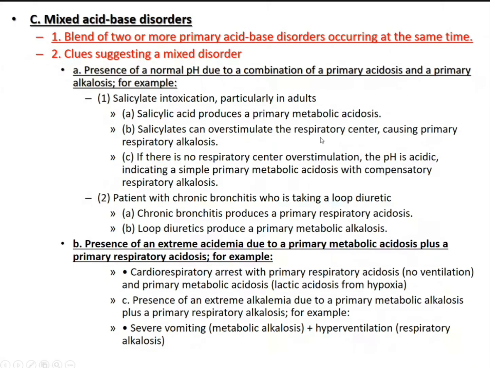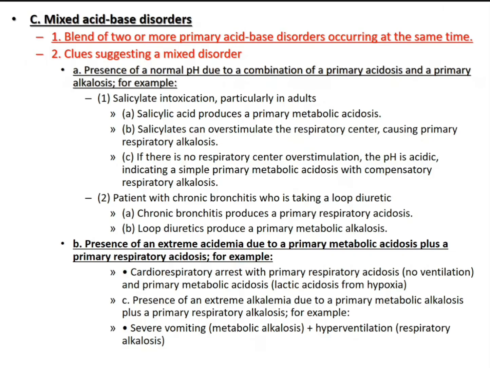It overstimulates the respiratory center, causing primary respiratory alkalosis also. If there is no respiratory center overstimulation, the pH is acidic, indicating simple primary metabolic acidosis with compensatory respiratory alkalosis. So you have a bit of both. There are formulae which will guide you. We'll see those formulae one by one, which can guide you as to when there is compensation and when there is a mixed kind of acid-base disorder.